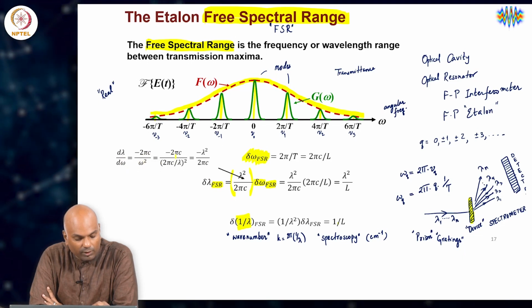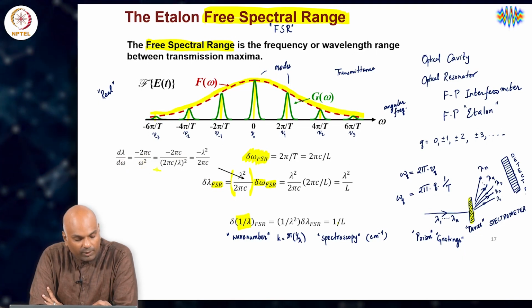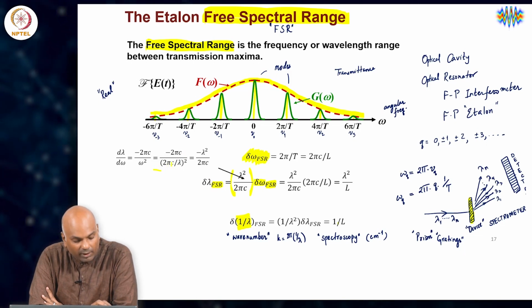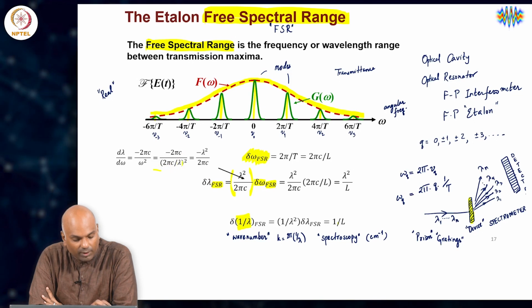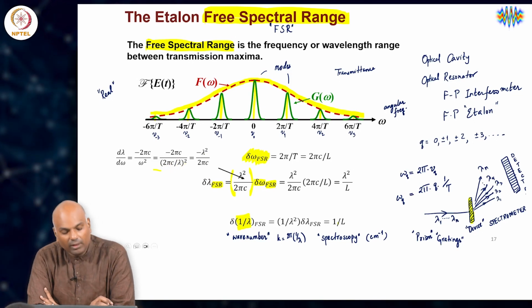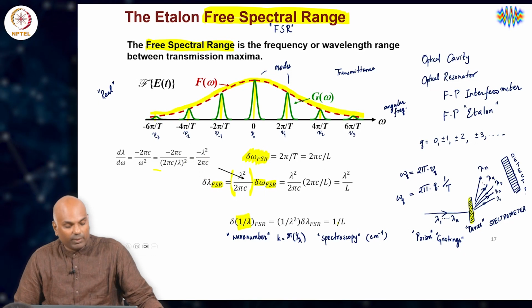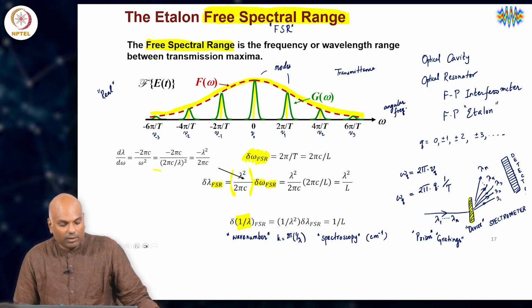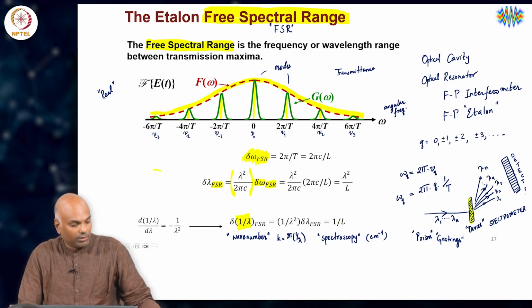Now, express omega square in terms of lambda: omega is 2 pi times nu, which is c by lambda multiplying 2 pi. Square that, and you get lambda square divided by 2 pi c to be the Jacobian of this transformation.